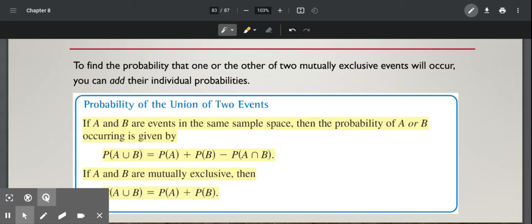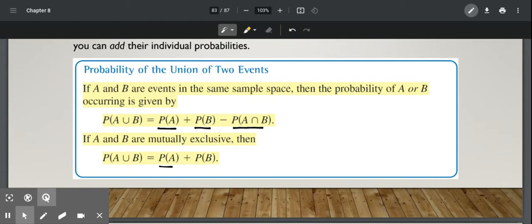If A and B are events in the same sample space, then in general you would do the probability of A plus the probability of B, but then you would potentially have to subtract where they intersect. But if they're mutually exclusive, then we know that the intersection of A and B is 0, and so you would really just add those separate probabilities.